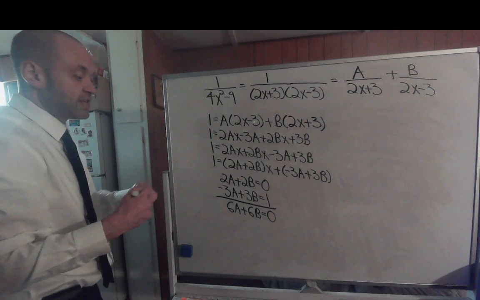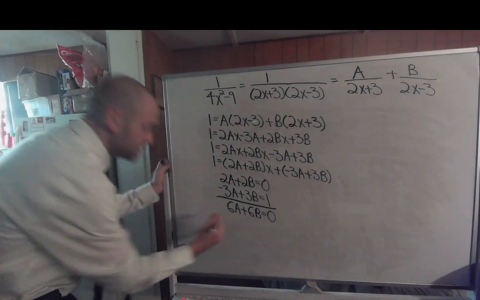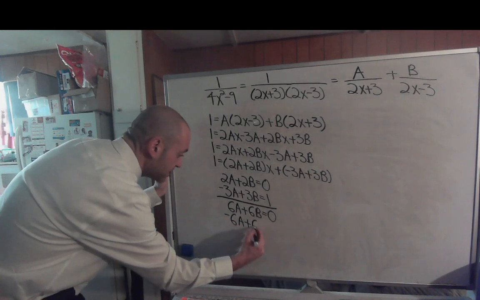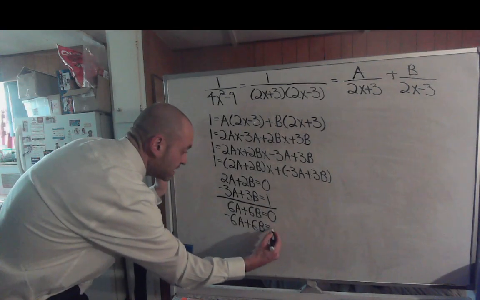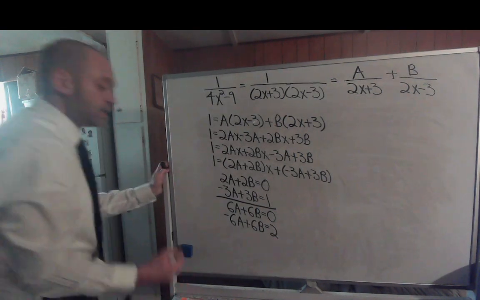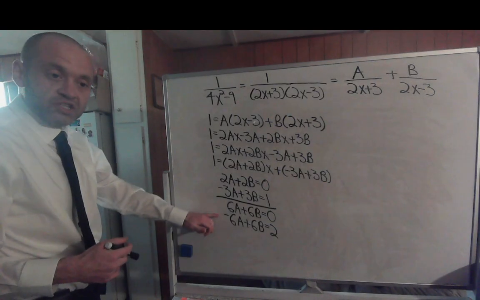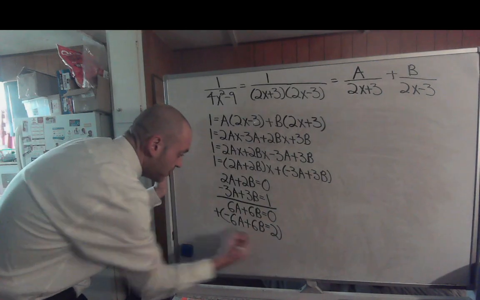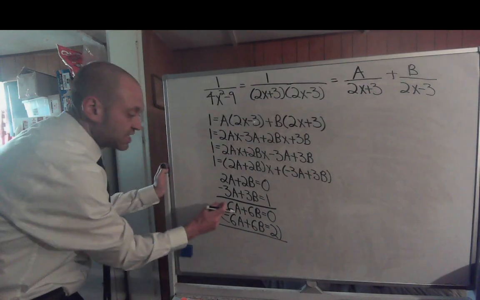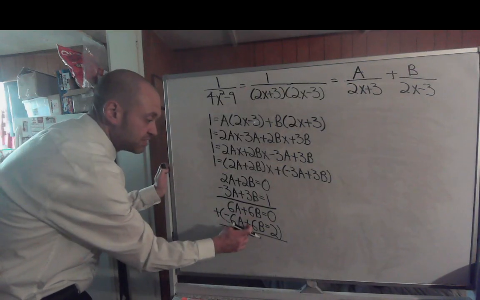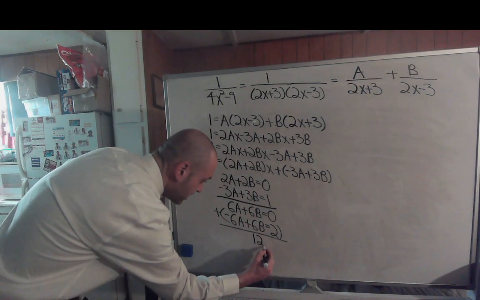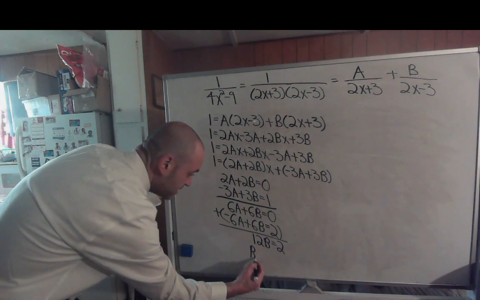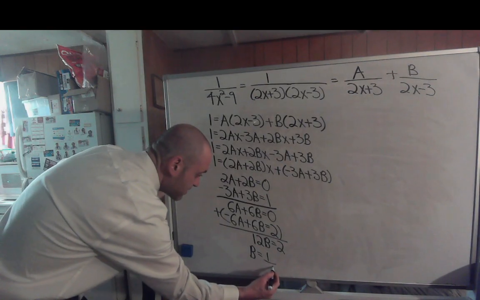Multiplying the bottom equation by 2, you get negative 6a plus 6b equals 2. Now add these two equations together to eliminate the a variable. So 6a minus 6a is 0, 6b plus 6b is 12b, which equals 2, which means b equals 1/6.